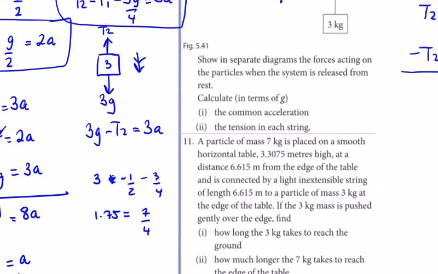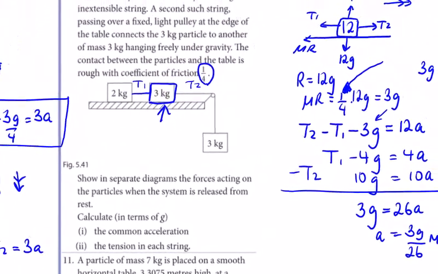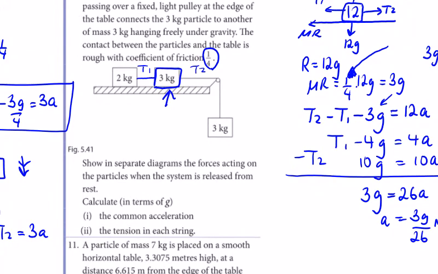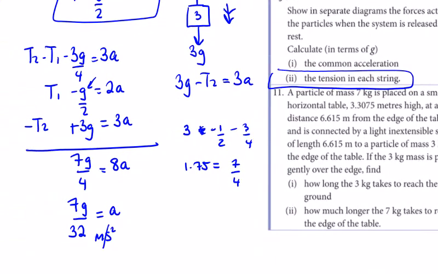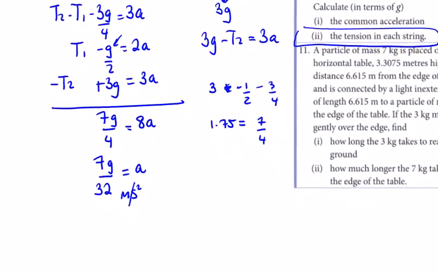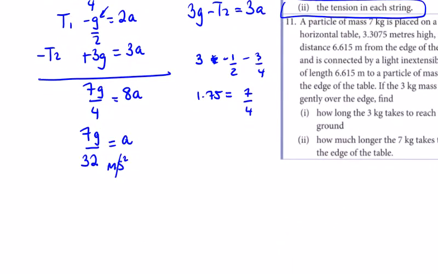Is there another part? Question 10. The tension in the string. Okay, an easy equation for T1 and T2. Take the shorter ones. T1 is equal to 2a plus g over 2.